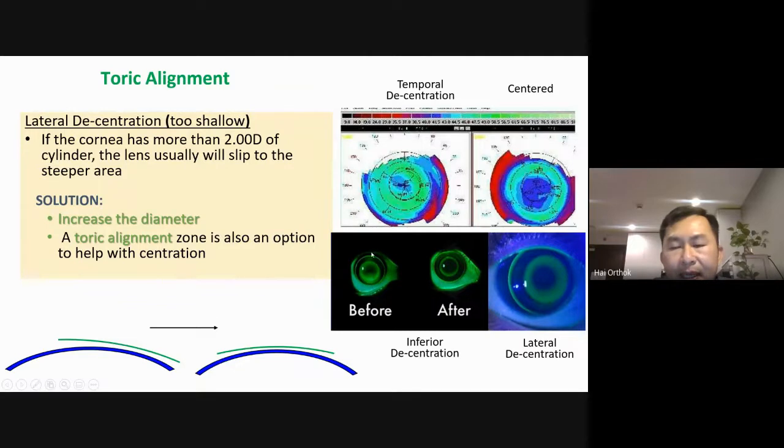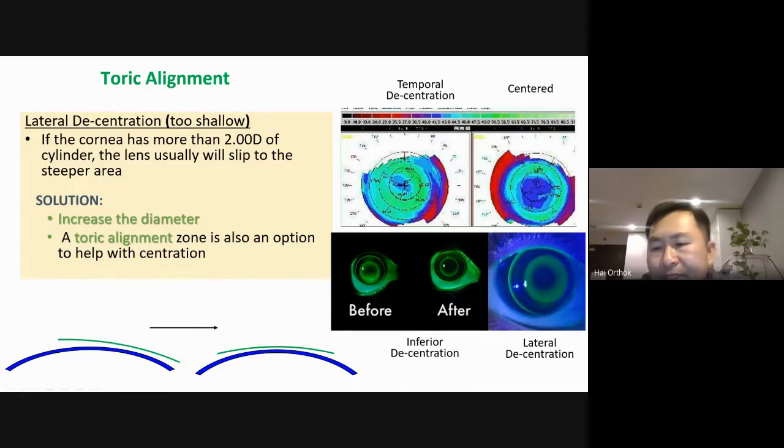This means the toricity right here is not corrected effectively. And you have to move the lens from a standard lens to a premium lens or toric lens in order to have it well centered. And this is the real case we can see when we move from a spherical lens to a toric lens, with good centration.